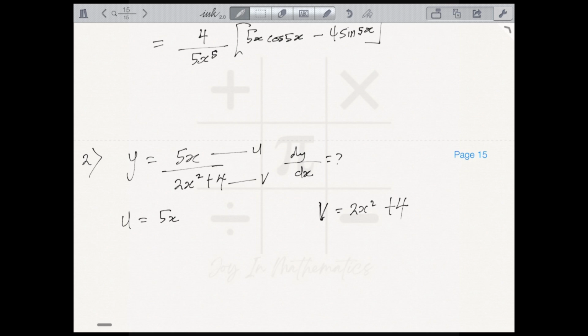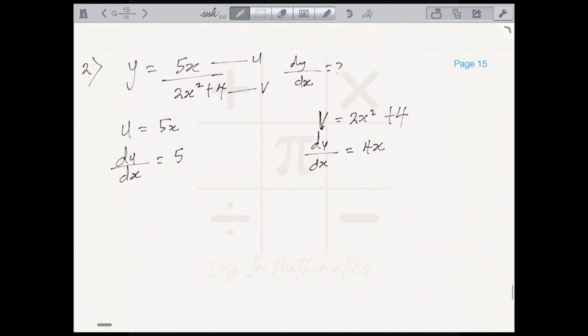Now we can differentiate. Differentiate du/dx, we will have 5. Differentiate dv/dx, we will have 4x. Then let's apply the formula of the quotient rule that says dy/dx is equal to v du/dx minus u dv/dx, divided by v squared.